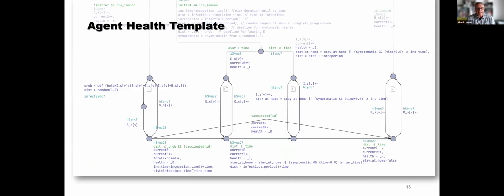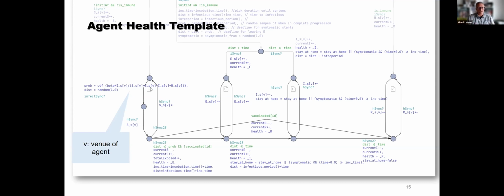So here you see the healthiness template for each individual. You have more or less the susceptible, the exposed, the infectious, and then the recovered phase here. What you see here is this probability. So it's a time-triggered model.